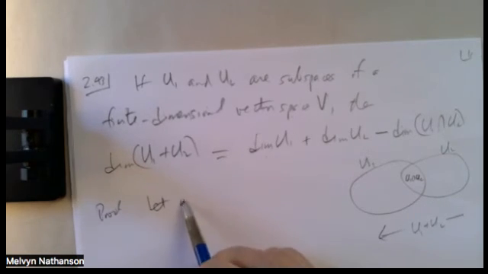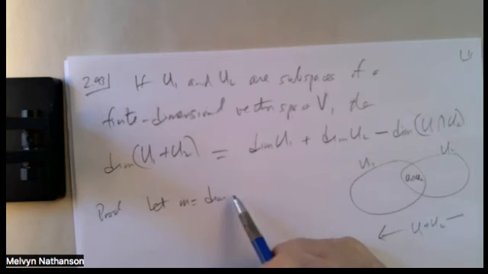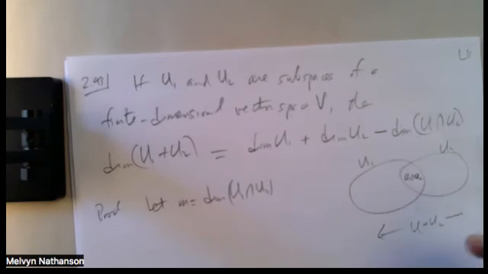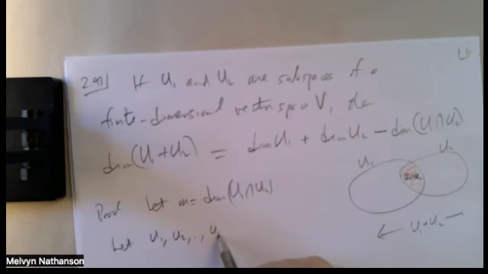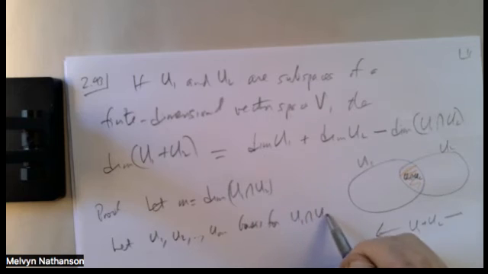Let M be the dimension of U1 intersect U2, this part here. So let's say u1, u2 up to u sub M is some basis for U1 intersect U2.